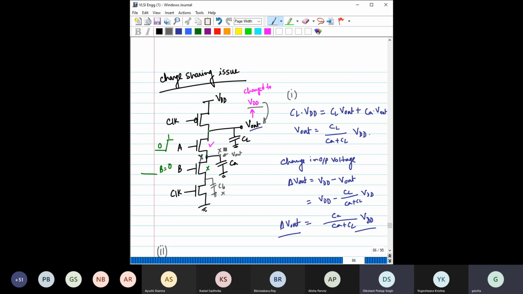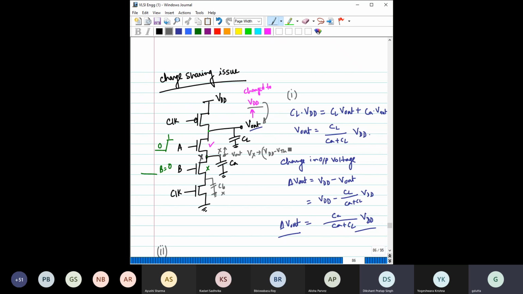So the node X will rise very fast if CA is low. Then at some certain point of time, this potential Vx will reach VDD minus the threshold voltage of this transistor.